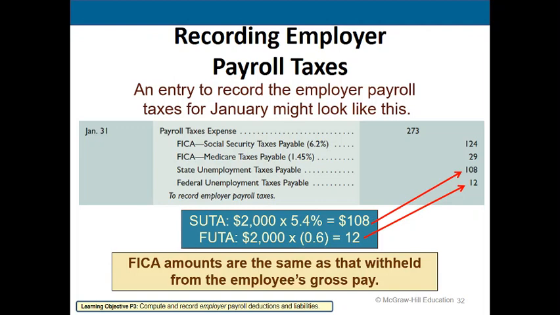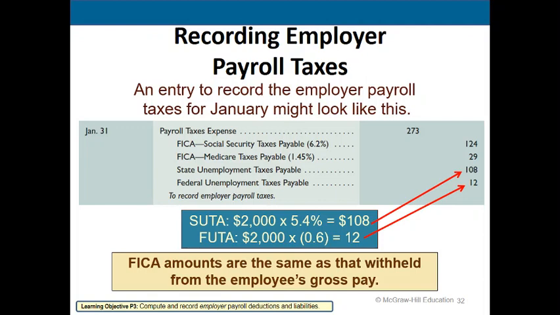So here you have a typical situation like what we were talking about. You've got payroll taxes expense, which is determined from all of your obligations of the employer on this employee who made $2,000 during the period. So that's where they're coming up with that.